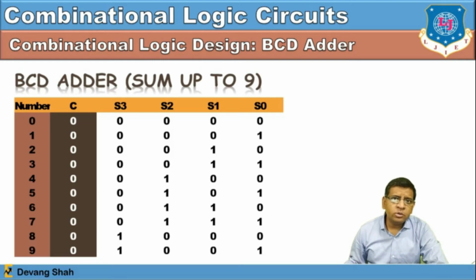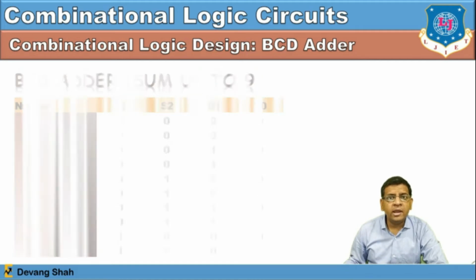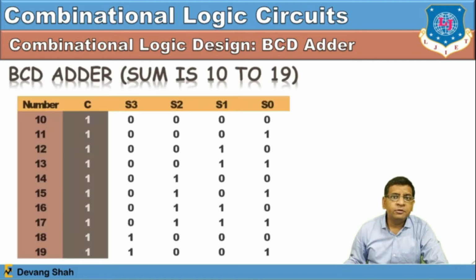From 0 to 9, binary looks the same as BCD. So your binary sequence is 0000 and BCD sequence is 0000 for digit 0. Same way up to digit 9, your binary sequence is 1001 and BCD sequence is 1001, right?